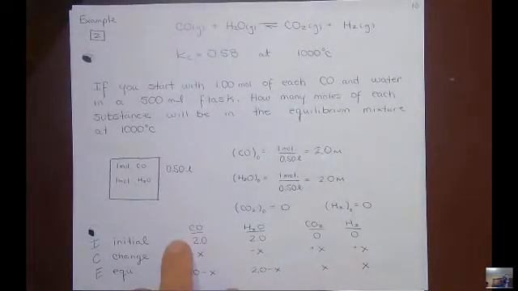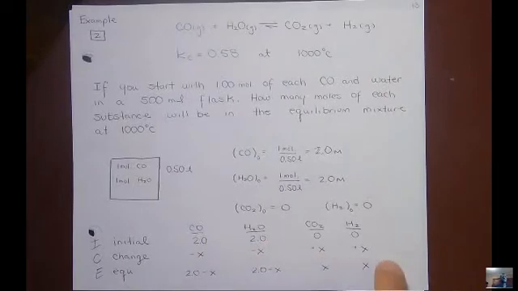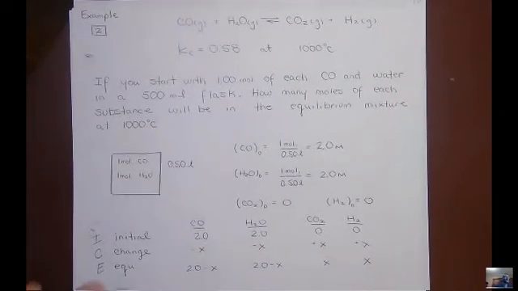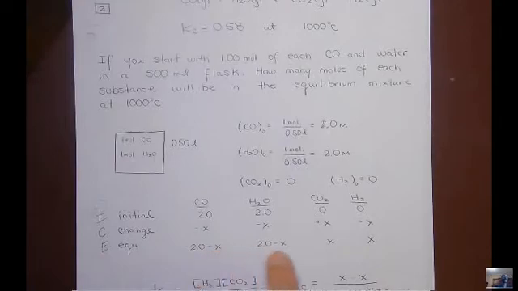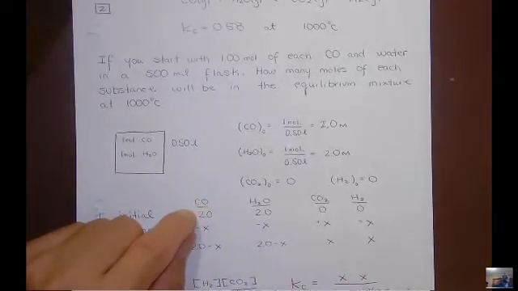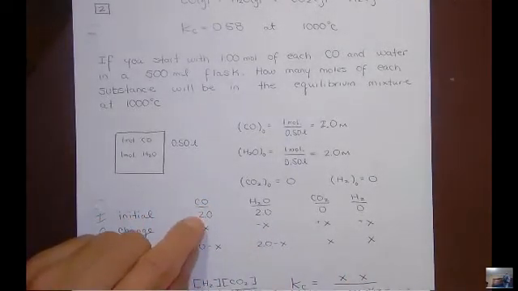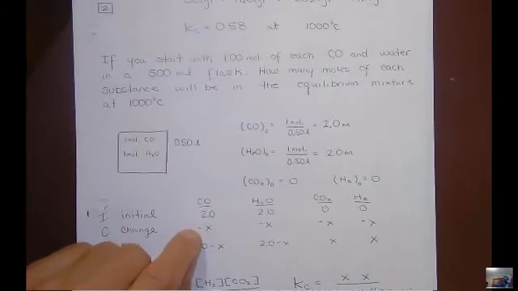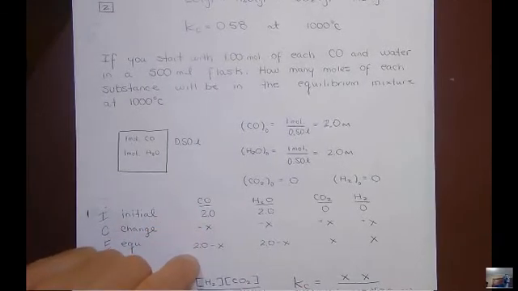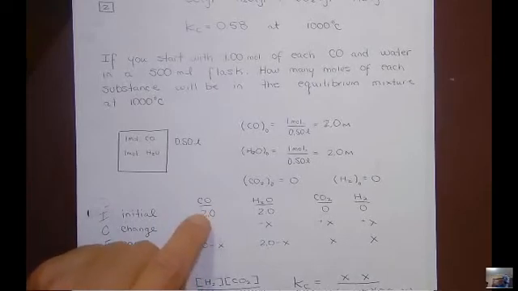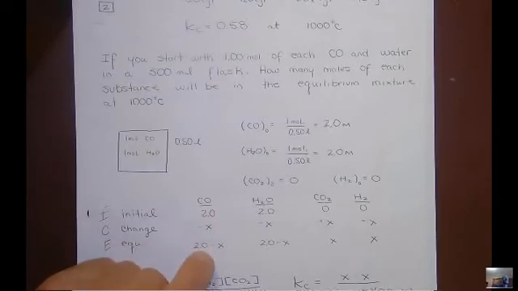Okay. If I know how much I have to start with, and I know how much it changes, the equilibrium entry in this row is very easy. I just add these two things up. Just sum them up is a better way to say it. What's 2 minus x? When I sum up 2 and minus x, well, I get 2 minus x.